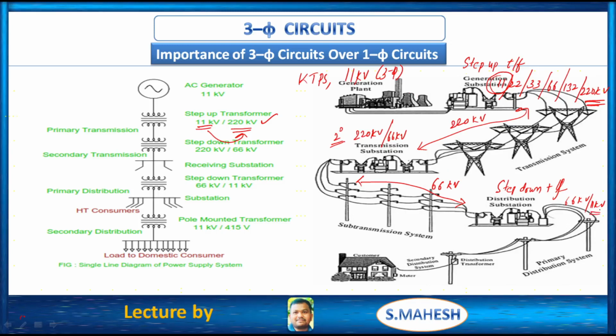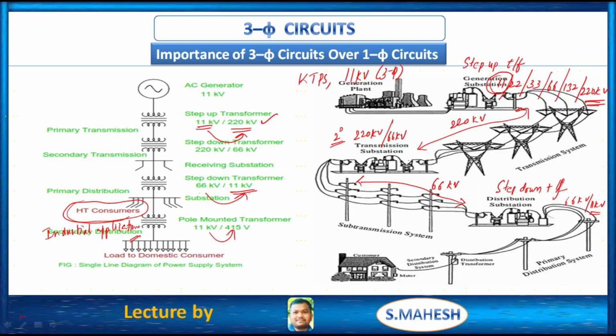So from 66 to 11 kV, this much voltage can be distributed towards high tension consumers, that means industrial applications.